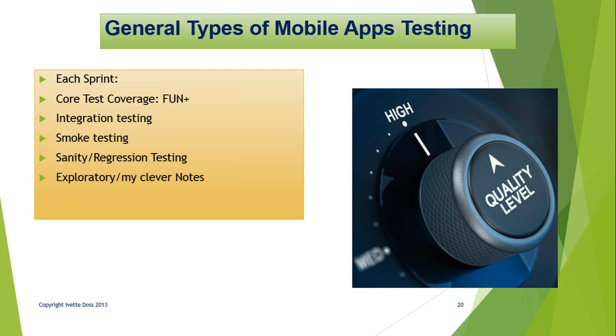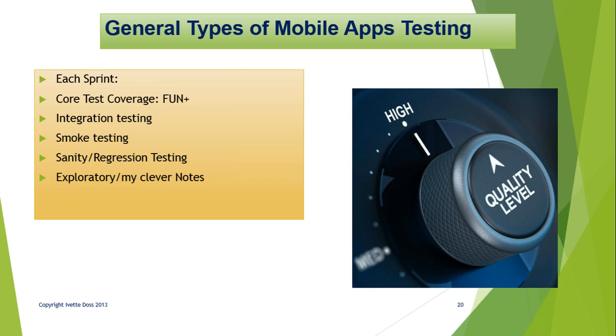We mentioned the right answer: functionality, UI, and network connectivity. But looking from a reality perspective, yes, that's a category of testing. Functionality, UI, and network connectivity are categories of testing, not types of testing.